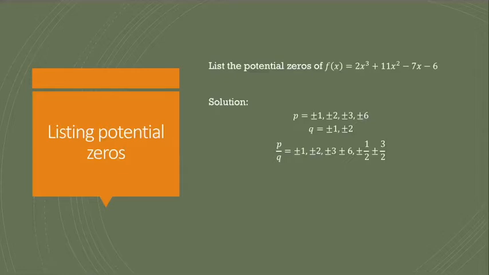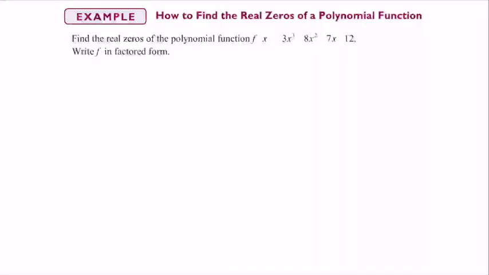So now I know all the potential zeros, but how am I going to determine which of these are the 3 zeros, at most 3 zeros, I'm going to have in order to factor this polynomial? So let's go ahead and go over a few steps. How would I have found the rational zeros, the real zeros of the function we were looking at earlier, which is 3x cubed plus 8x squared minus 7x minus 12.